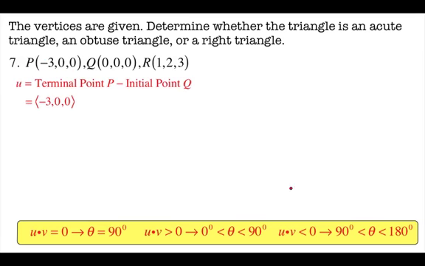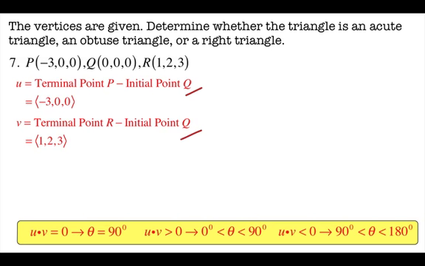So here we go. I'm going to call vector U the following vector, terminal point P minus initial point Q. So I take these points, this point minus this point, and this is my component form, which I'm calling vector U. Then I'm going to find another vector, and I'm going to start with the same initial point, Q. Notice that they match, and I always want my initial point to match.